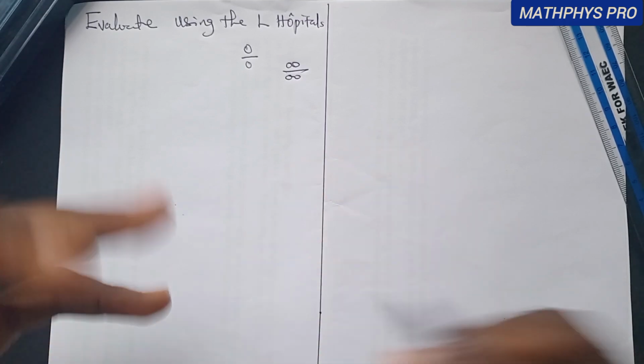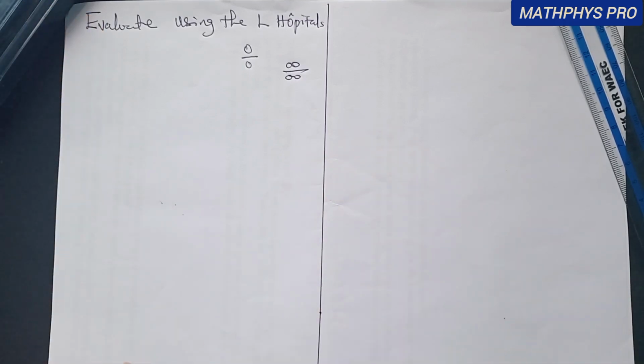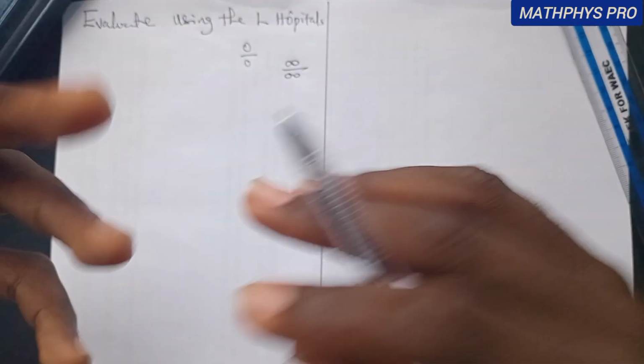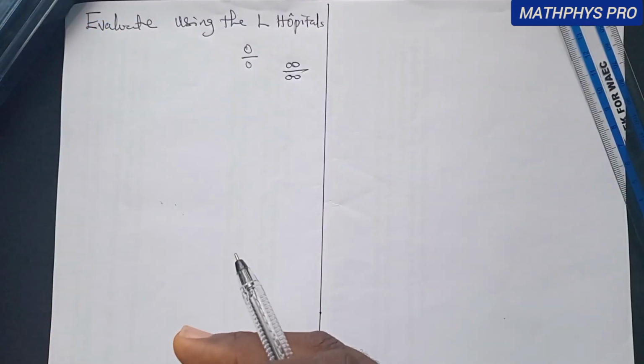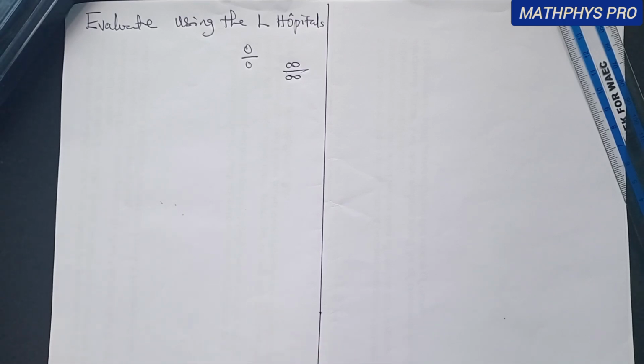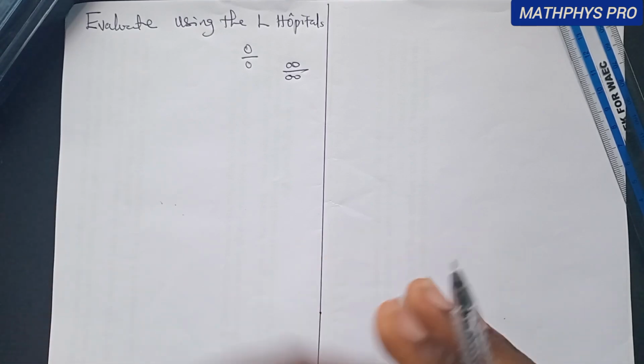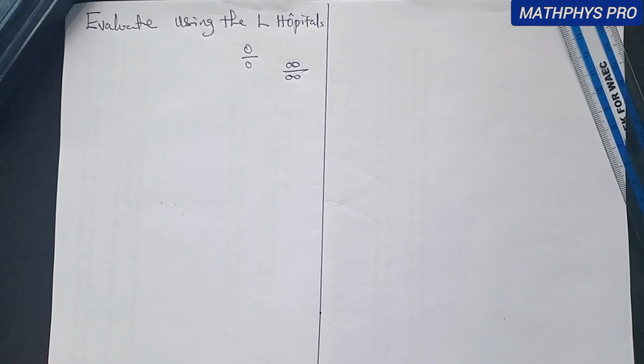All about L'Hopital's rule is that instead of simplifying algebraically, like the way you do direct substitution, rationalization, and factorization, you differentiate the numerator and the denominator separately, then take the limit. So that's all about L'Hopital's rule. But I'm going to guide you on how to apply L'Hopital's rule step by step.